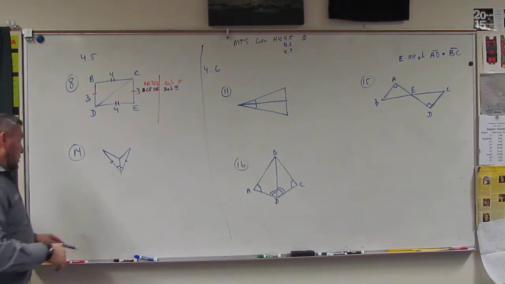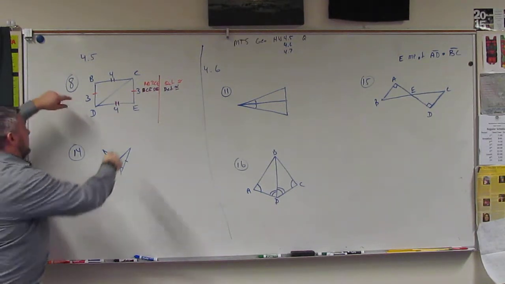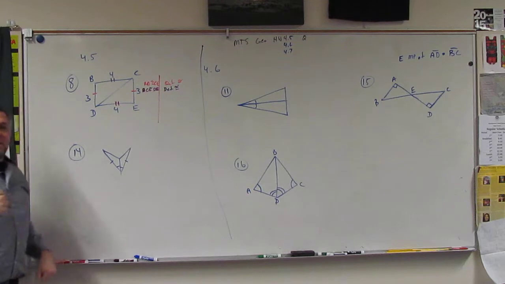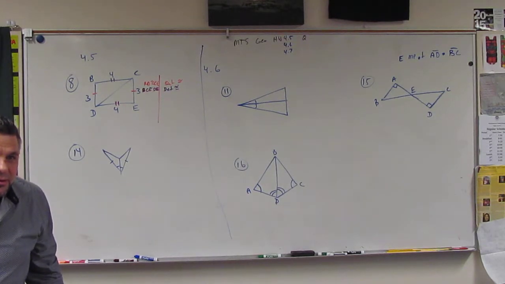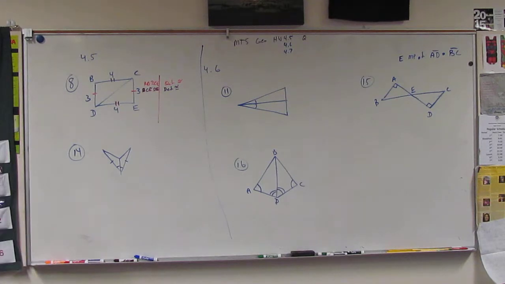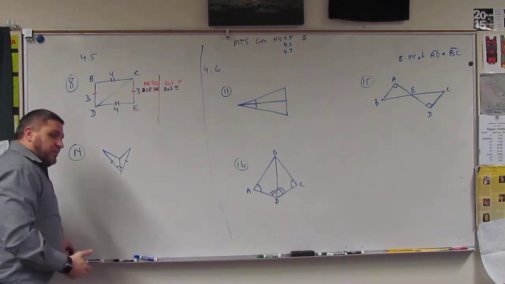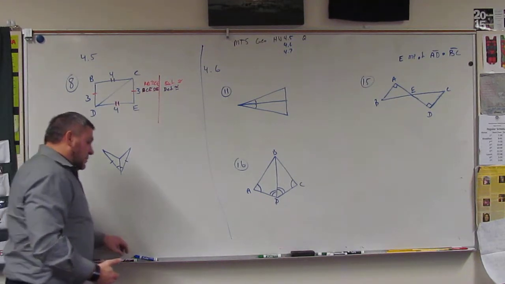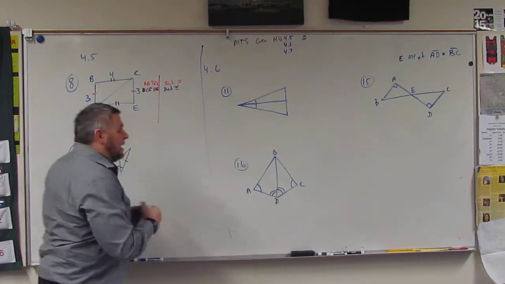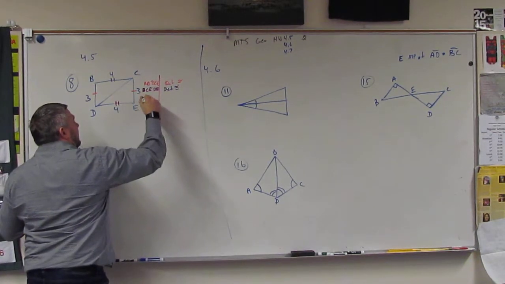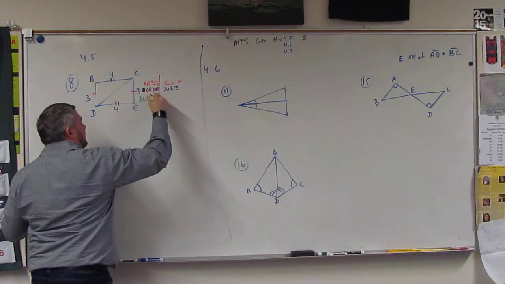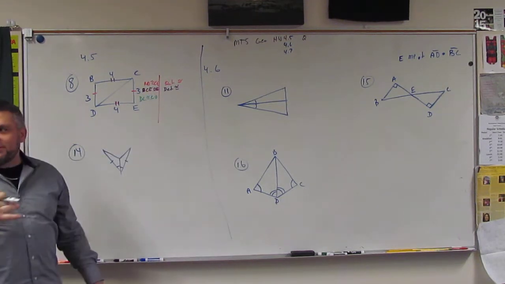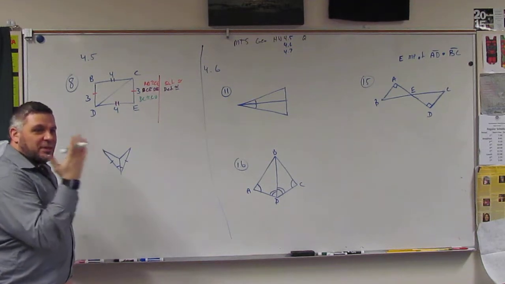So then what? How do I know that DC is equal to DC? What's that called? Do you remember that rule? DC is congruent to DC, or CD. You remember that rule, when you look in the mirror?